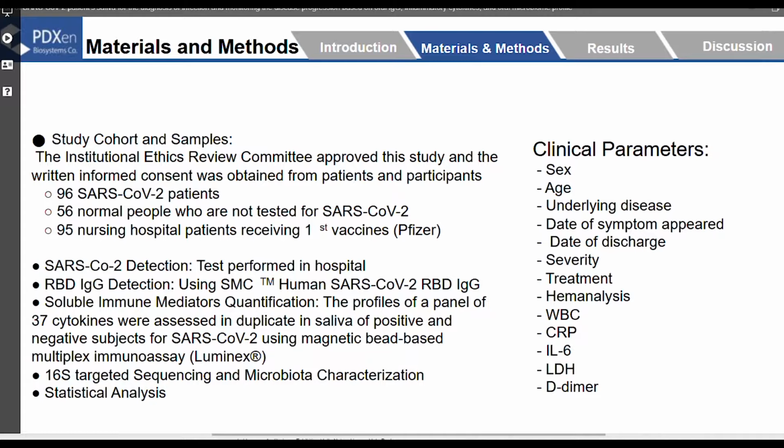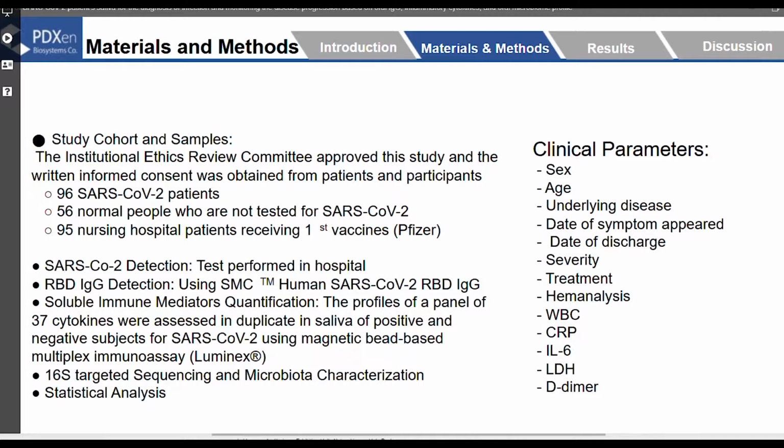Basically we got IRB approval, and we ran assays on 96 patients infected by COVID-19, 56 volunteers, and 95 people receiving their first vaccination. SARS-CoV-2 detection was performed in the hospital.